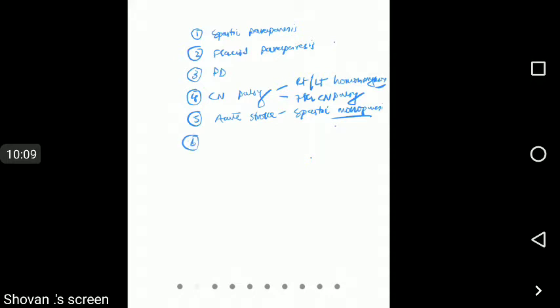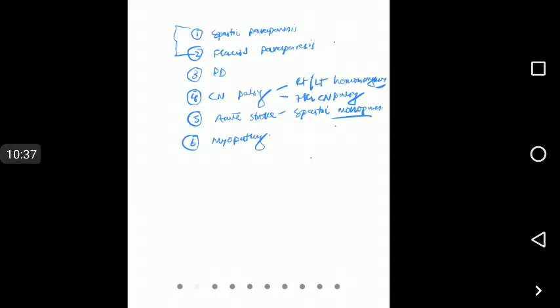Last of all is myopathy. Myopathy rarely comes in the exam, but we have to know the points of myopathy, how we will examine, and what the most common myopathies in the exam are. Among those six stations, the most common are these two: spastic paraparesis and flaccid paraparesis.